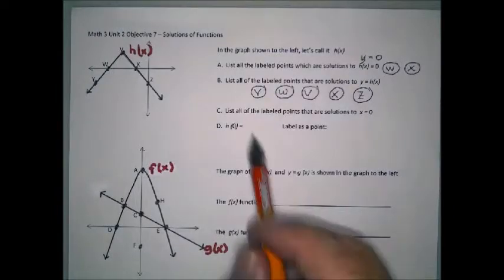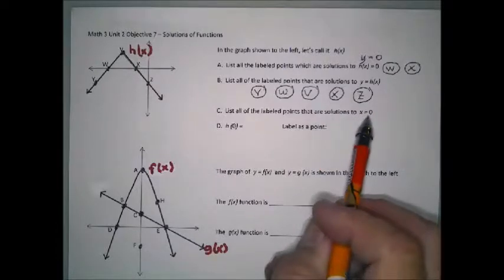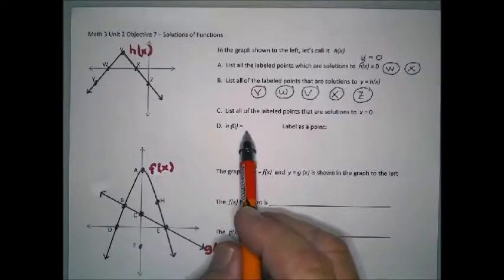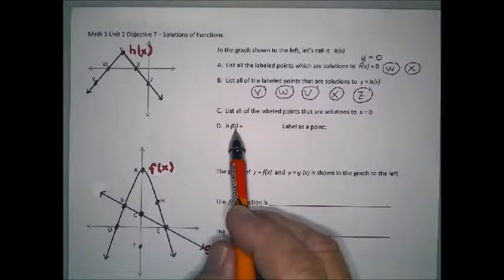Now the next one, list all the labeled points that are solutions to x equals 0. So written like this, it would be on the h of x function, where is x equal to 0?